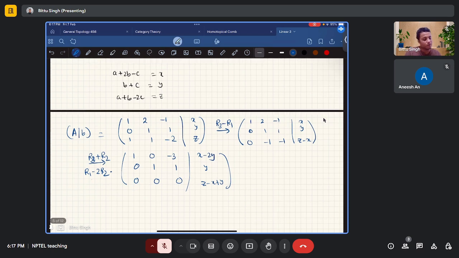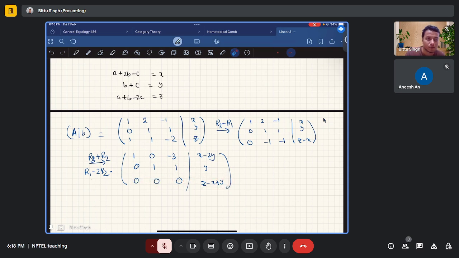So solving the problem is equivalent to solving this equation: a plus 0 times b minus 3 times c equal to this, b plus c equal to y, and 0a plus 0b plus 0c, which is 0 on the left side, equal to this.